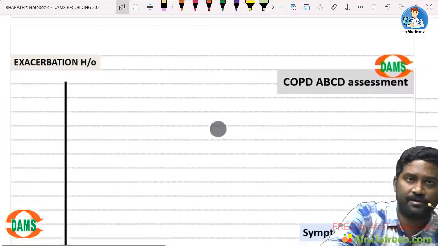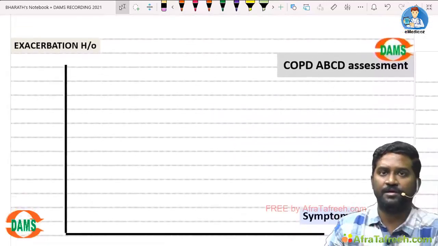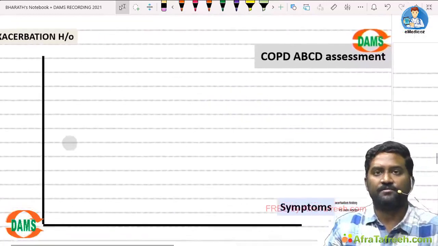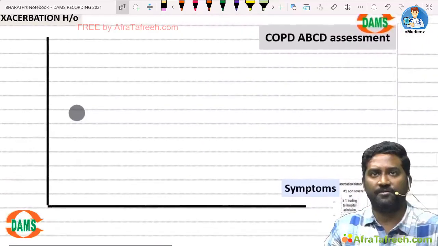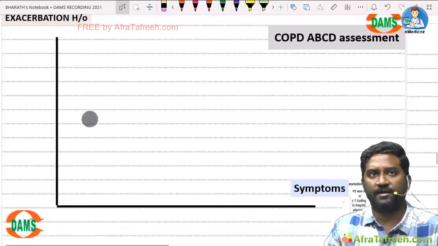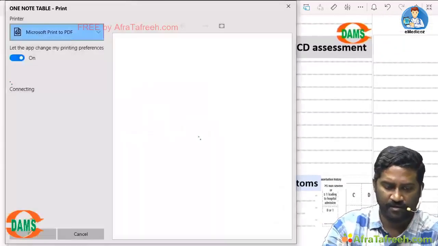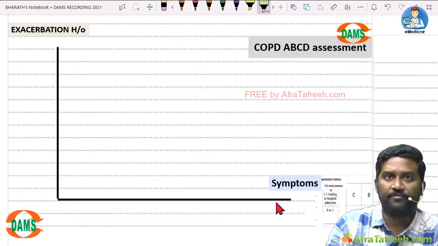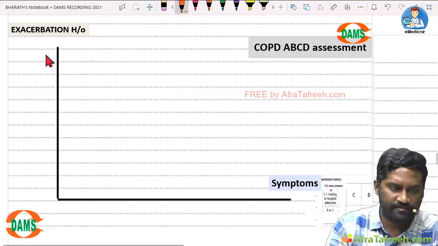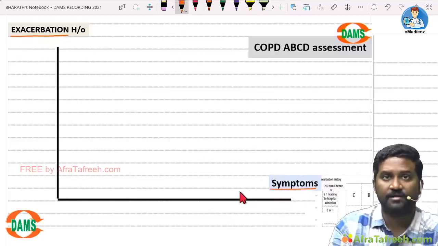Now for COPD, there is a new algorithm called COPD ABCD assessment. It is based on a graph. In this graph, on one side you are taking patient symptoms, on other side there will be patient's exacerbation history.